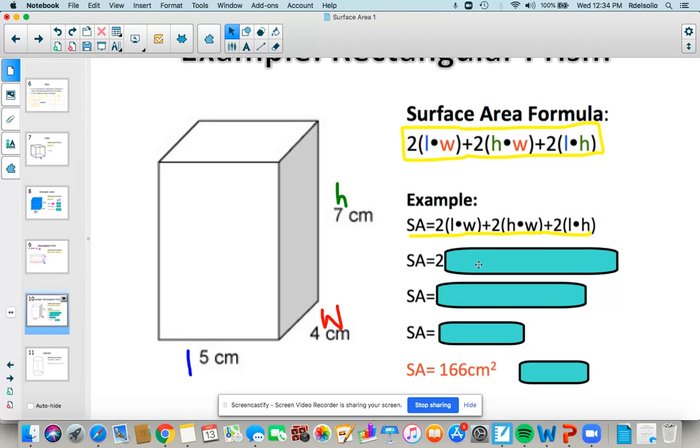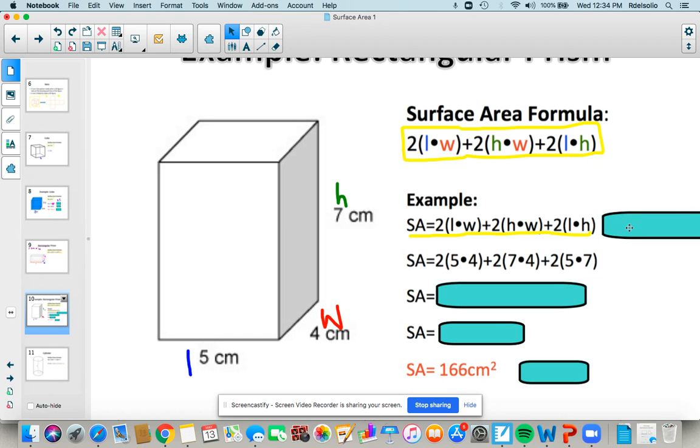So 2 times L, which is 5, times width, which is 4, so 2 times 5 times 4, plus 2 times H, which is 7, times W, which is 4, and then plus 2 times L, which is 5, times height, which is 7.